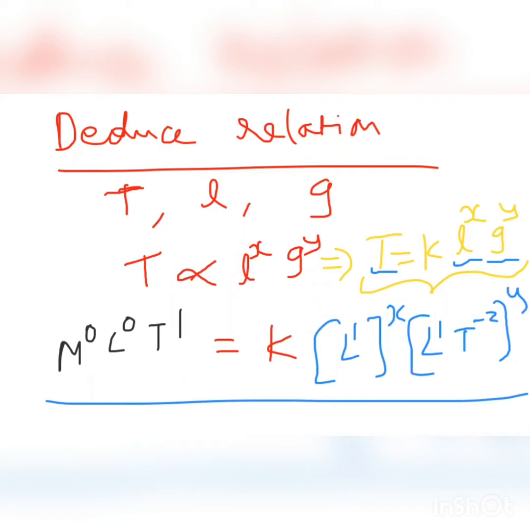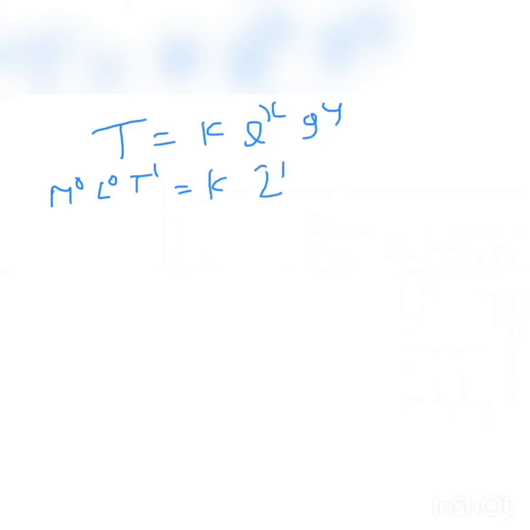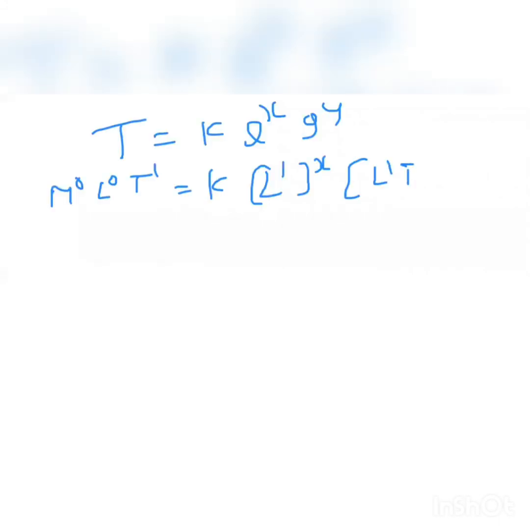So I'm taking the next page here. What I have written is T is equal to K into L power X, G power Y. The dimensional formula of T I wrote as M0 L0 T1. For K there is nothing to write because it is a constant. L power X I can write as L power 1 into X, or simply L power X, and G I can write as L1 T power minus 2, which is the acceleration due to gravity dimensional formula.